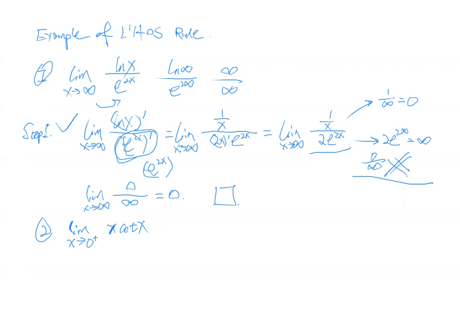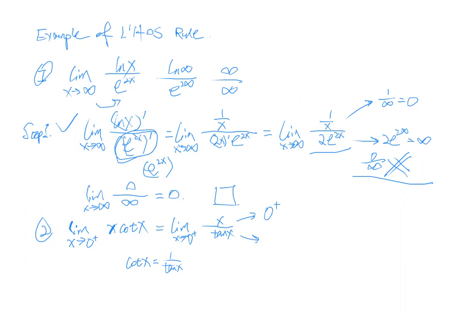So first, notice a fact: what's cotangent x? It's 1 over tangent x, right? So this is nothing but x over tangent x. Now, if you put 0 in, what will you get for the numerator? You get 0, positive even. And how about for tangent x?